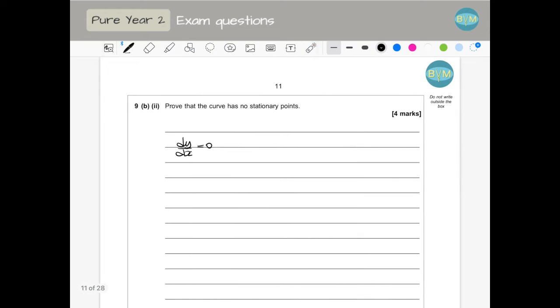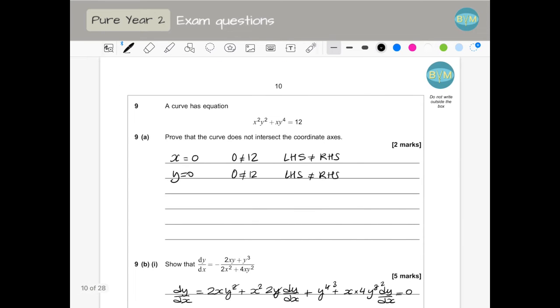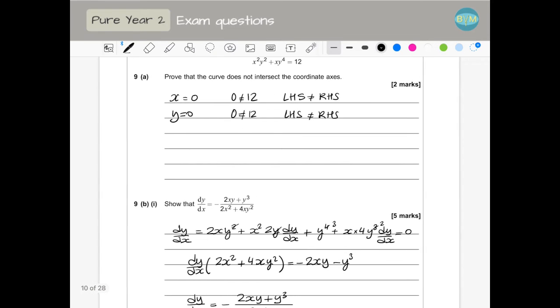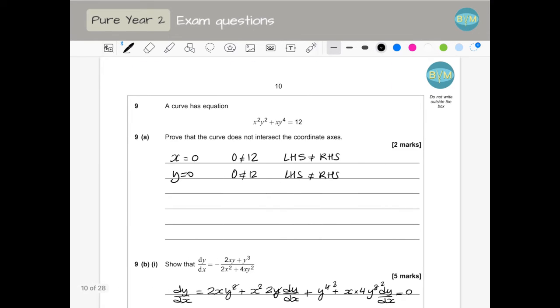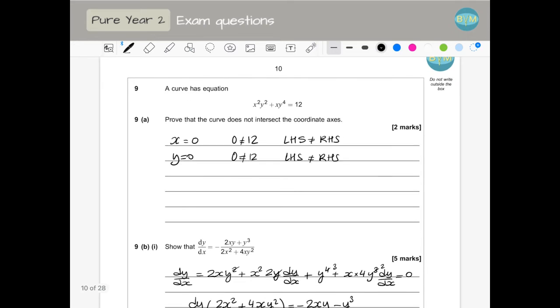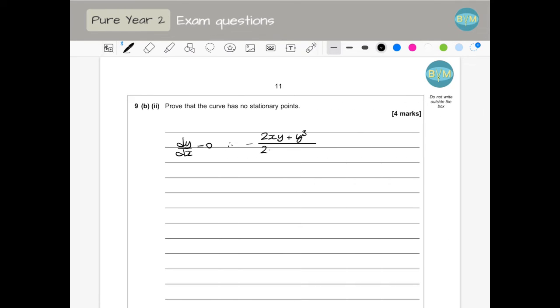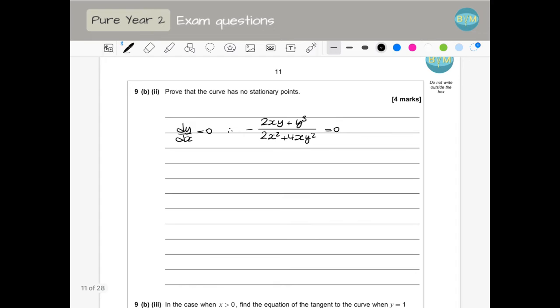So the minus is at the front of everything: minus 2xy plus y cubed divided by 2x squared plus 4xy squared. This must be equal to 0 for finding the stationary point.